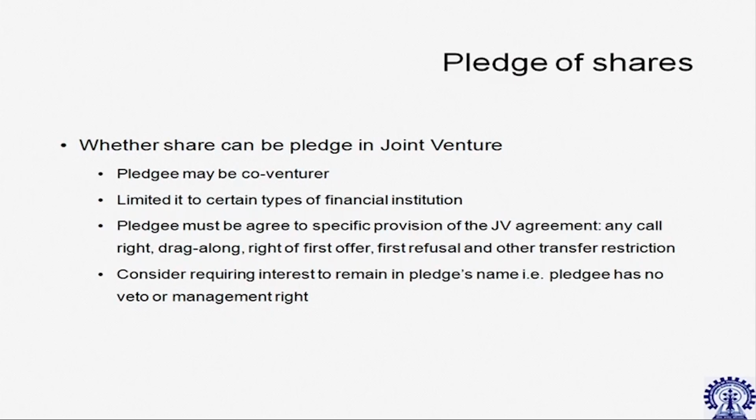So, what kind of pledge the co-venturers can exercise, you need to detail within the joint venture agreement itself. You have to determine who can be the pledgee. That means, who can keep these particular shares and give the loan. Is it the co-venturer itself?